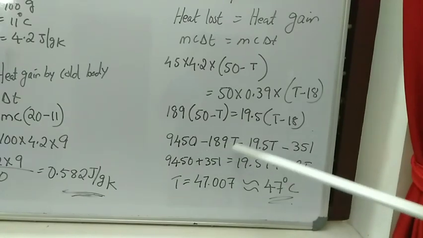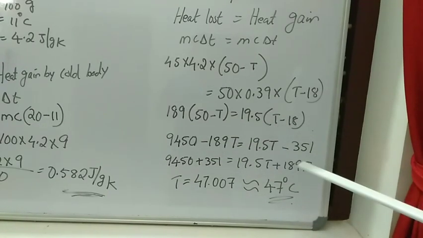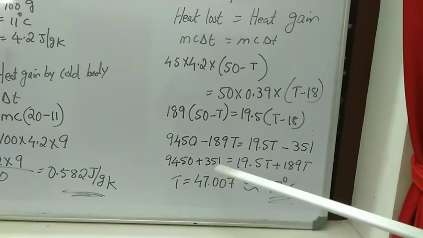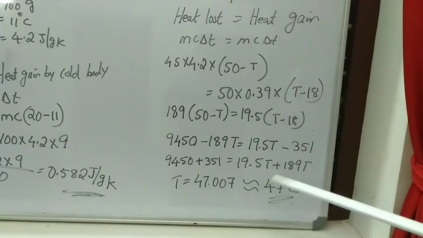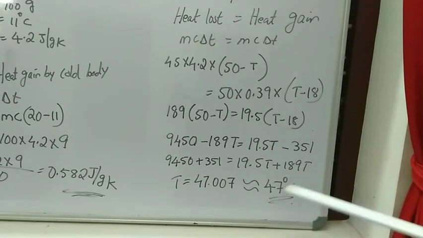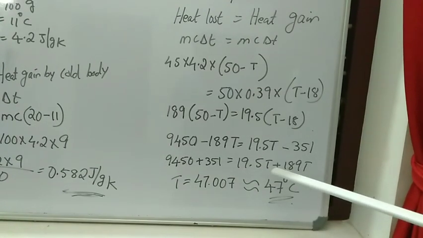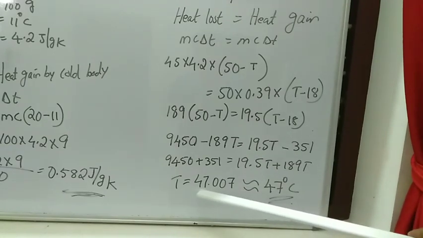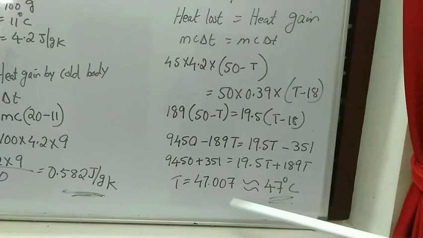Now negative 189 T goes to the left side, negative 351 to the right side. So 9450 plus 351 equals 19.5 T plus 189 T. Now after calculating, T is equal to approximately 47.007.